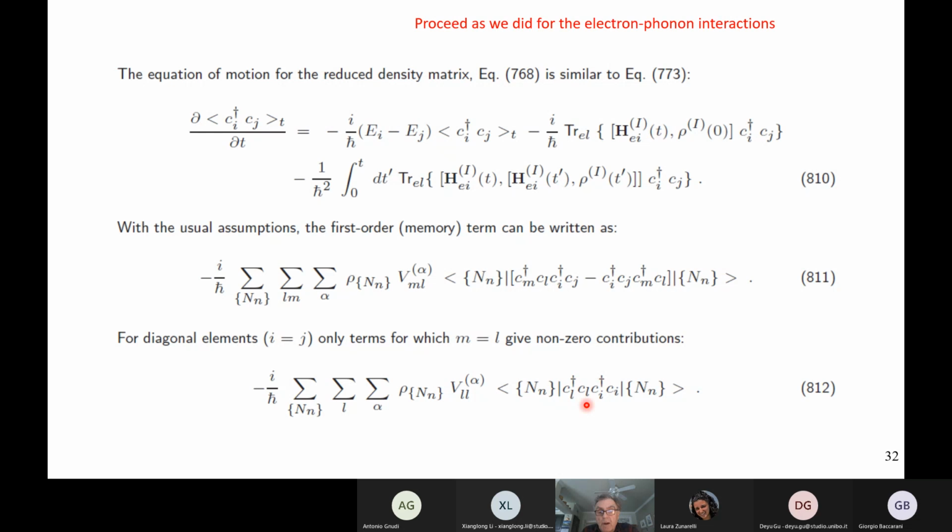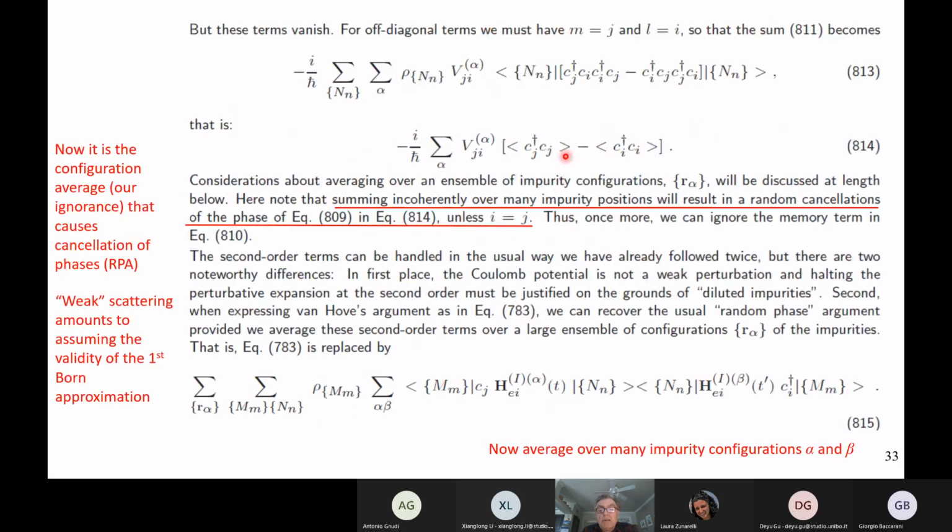We have terms which are now a little bit simpler, simply a density-density correlation. This means that the density of electrons I is correlated to the density of electron L in a state L via the impurity interaction.